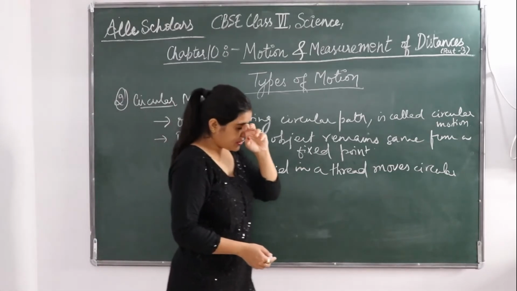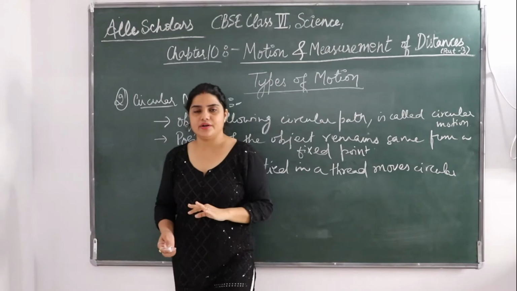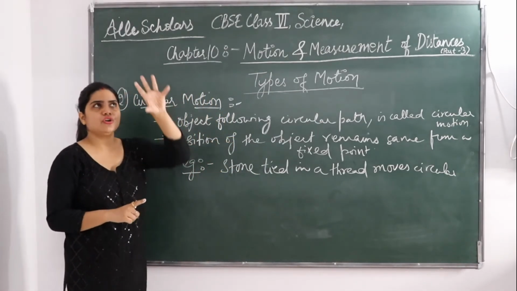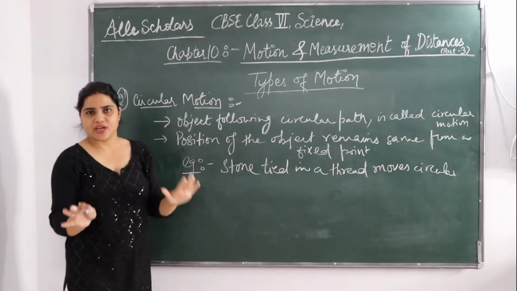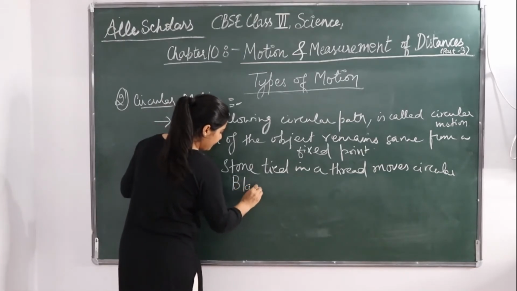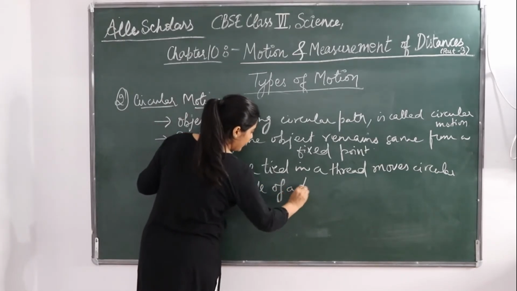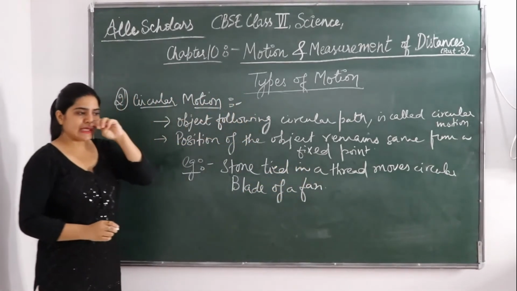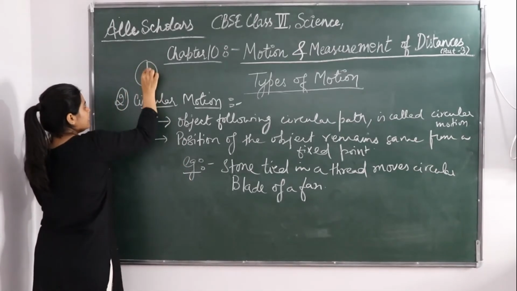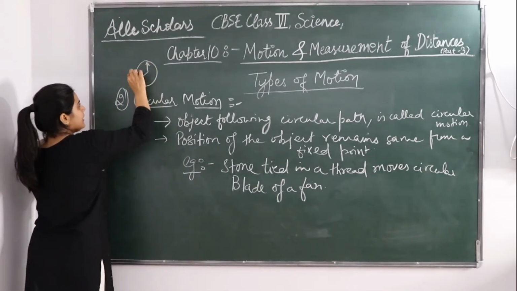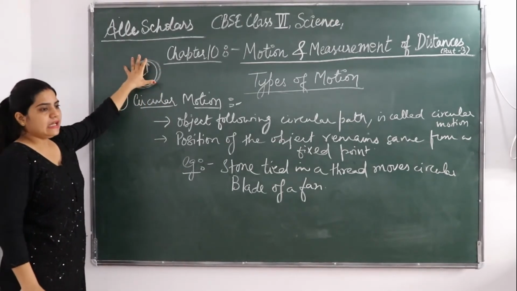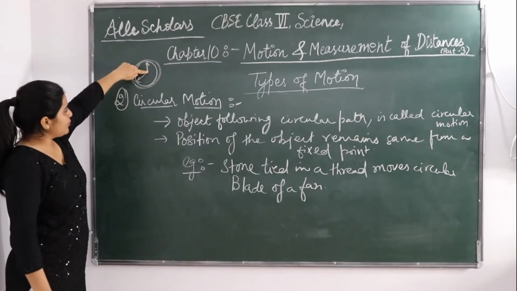Second thing, if you talk about circular motion, a very good example I have already told you, the fan blades. They keep on giving a circular motion and the position of the blade remains the same. It is not changing. Okay. Blade of a fan. Next example, if you see, is the hands of a clock. What happens? This is a clock. These are the hands of the clock. They keep on giving a circular motion, but the distance of the needle from this fixed point is not changing.